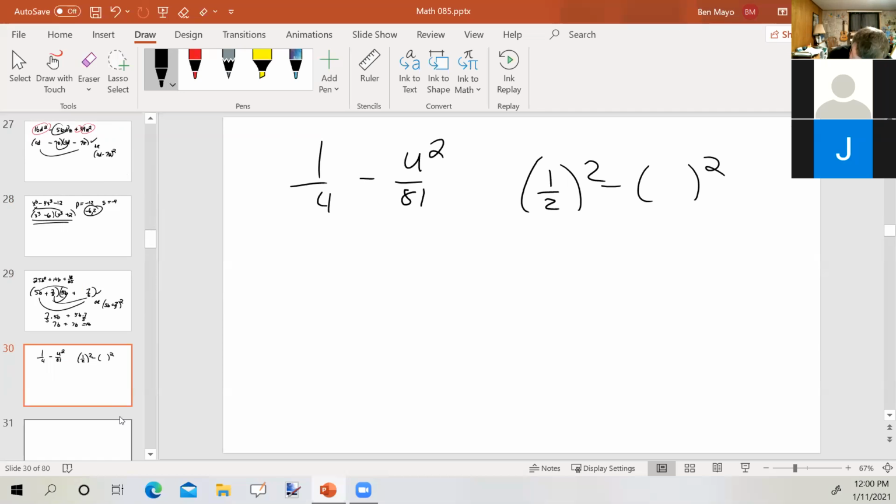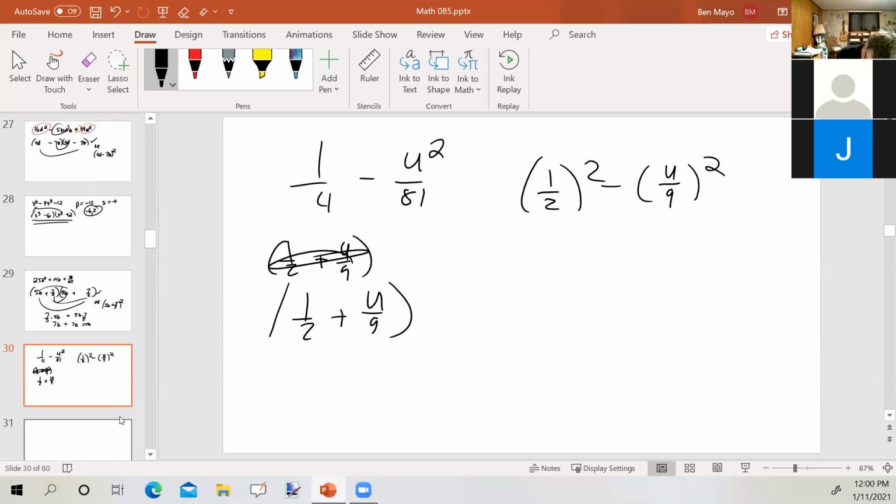U squared over 81 would be U squared over 9 squared, so U over 9 squared. So we get 1/2 plus U over 9 times 1/2 minus U over 9. So that is the difference of 2 squares.